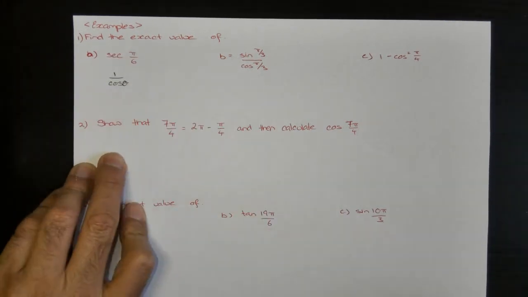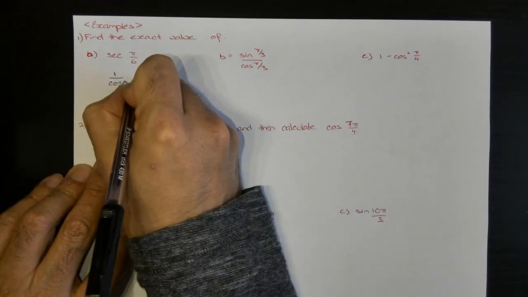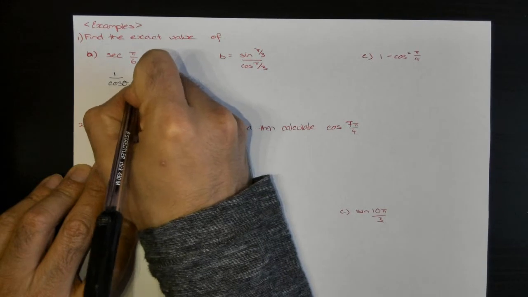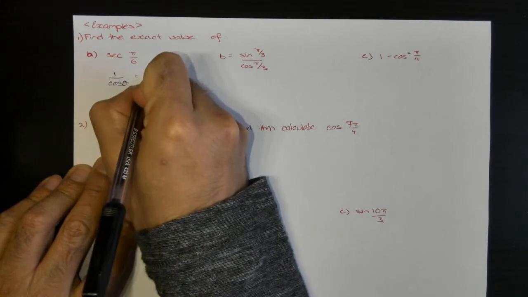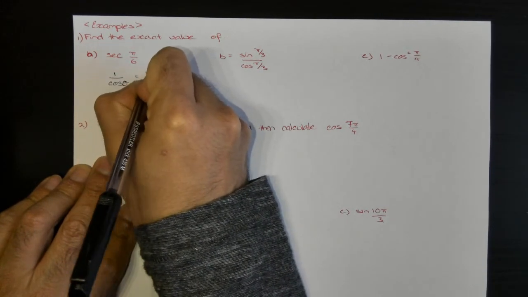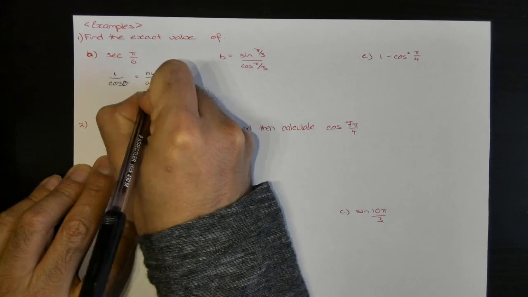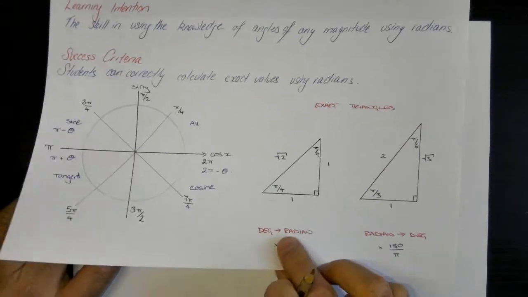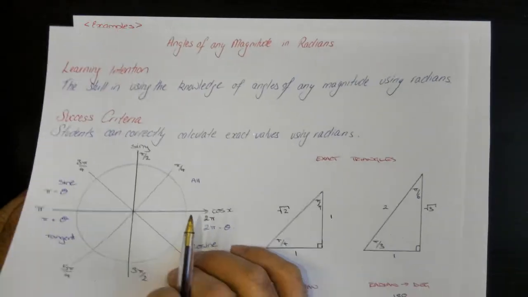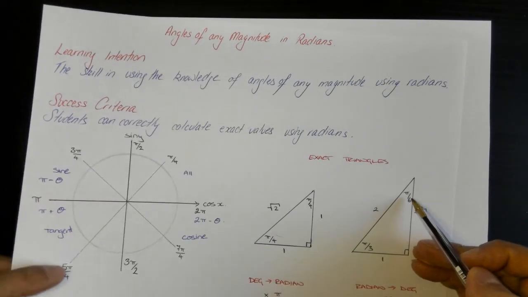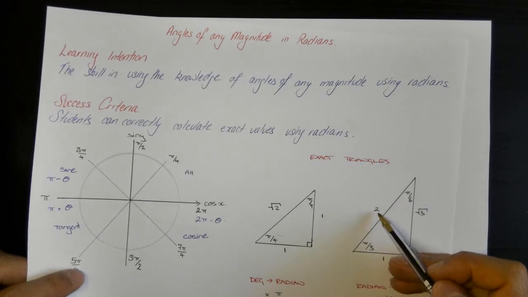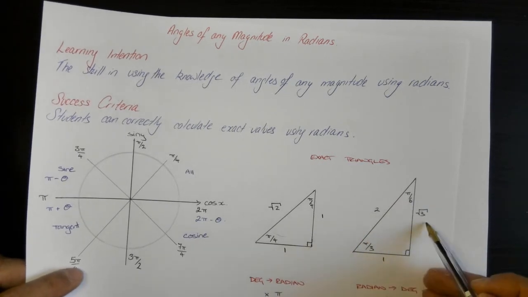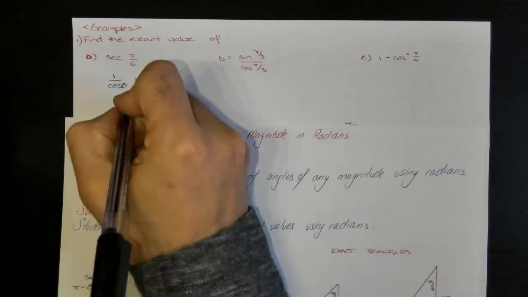So that means cos was adjacent over hypotenuse, so we swap that around, so it's going to be hypotenuse over adjacent. And using our exact triangles, for pi on 6 we want the hypotenuse over the adjacent, so it's going to be 2 over root 3.